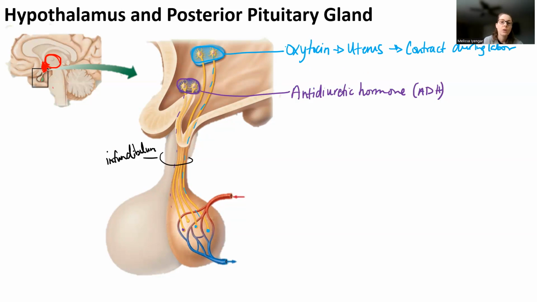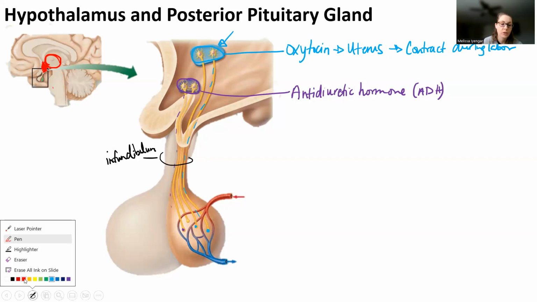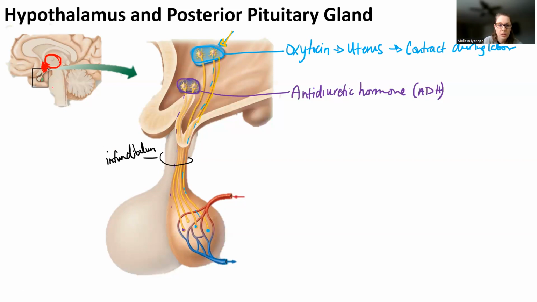So causing oxytocin to be released is something of a neural stimulation. You basically have a neuron that's going to send a message towards these neurosecretory cells. And again, this is a neural stimulus here, because that's telling us to release oxytocin into the bloodstream.